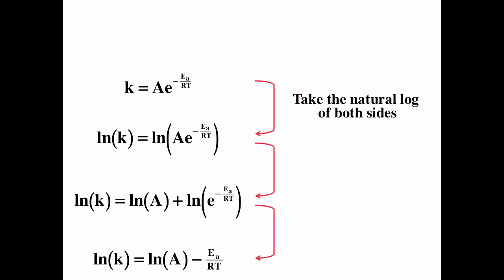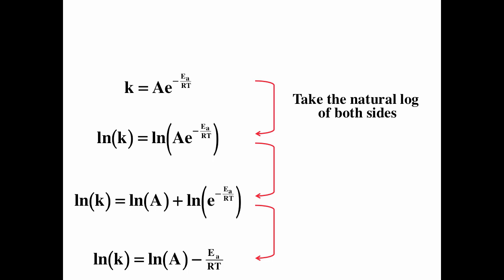Now if we take the Arrhenius equation, k equals A times e to the power of minus E_A over RT, and we take the natural log of both sides, we get natural log k equals natural log of A e to the minus E_A over RT. Now natural log of A times B is equal to natural log of A plus natural log of B. And then the natural log of e to the something is just that something.